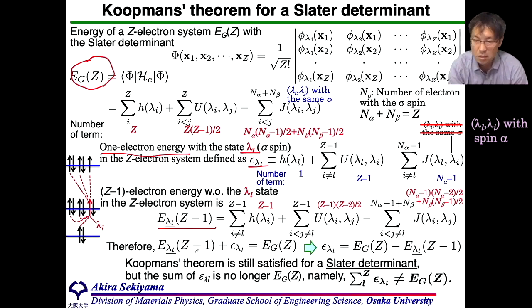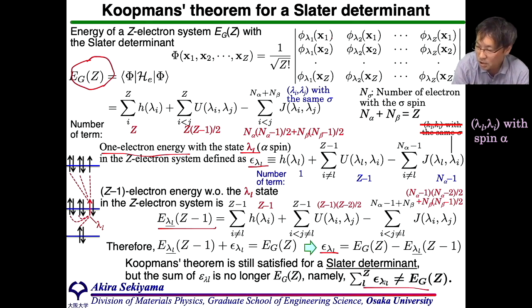That means the Koopmans theorem is still satisfied for the Slater determinant, namely when we consider the many-electron state by using a single Slater determinant, we can define the one-electron energy level for the state lambda L like this one. But one important thing is that the simple sum of each one-electron energy no longer becomes the total energy.